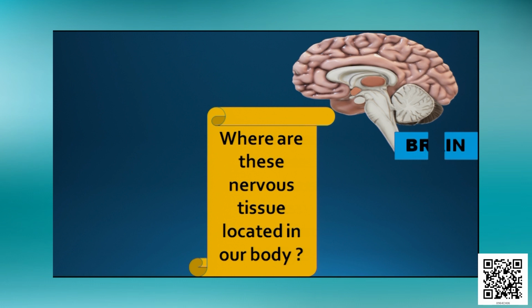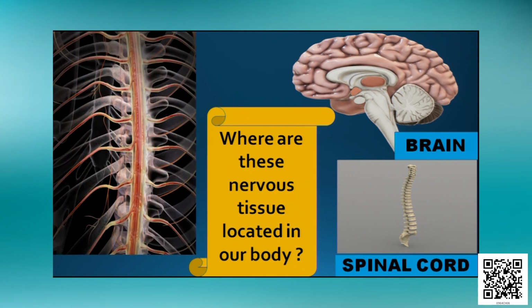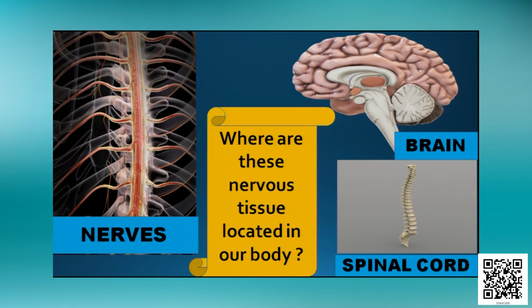Definitely, it is located in the brain. And remember, in the brain there are billions and billions of neurons, not 1, 2 or thousands. The spinal cord is another organ where the nervous tissue is found, and the nerves.